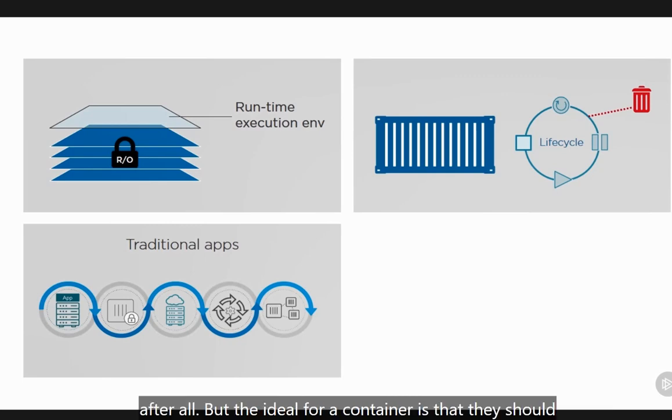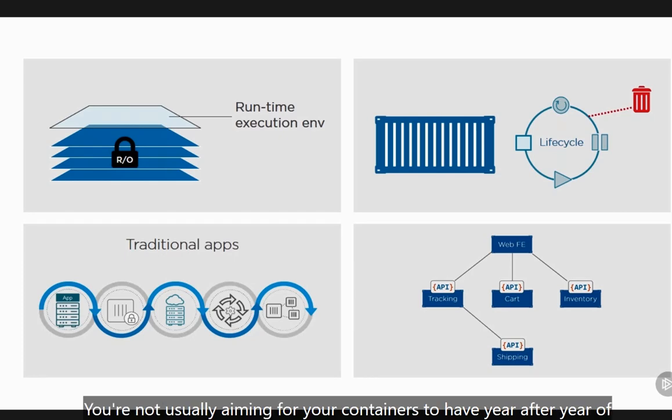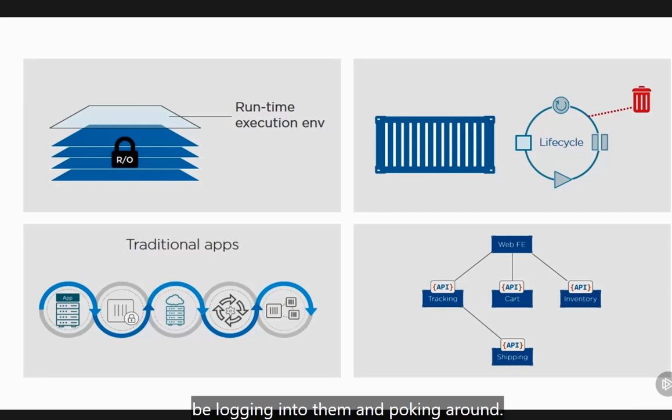But the ideal for a container is that they should be treated as ephemeral and immutable. We don't half love our funky words in the tech industry. Okay, by ephemeral, we mean that they're short-lived. You're not usually aiming for your containers to have year after year of uninterrupted uptime. Then immutable, this means we really don't want to be logging into them and poking around.